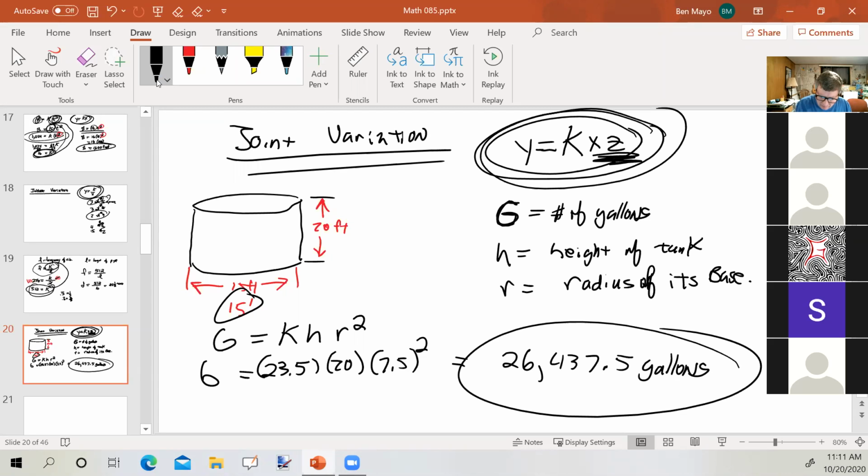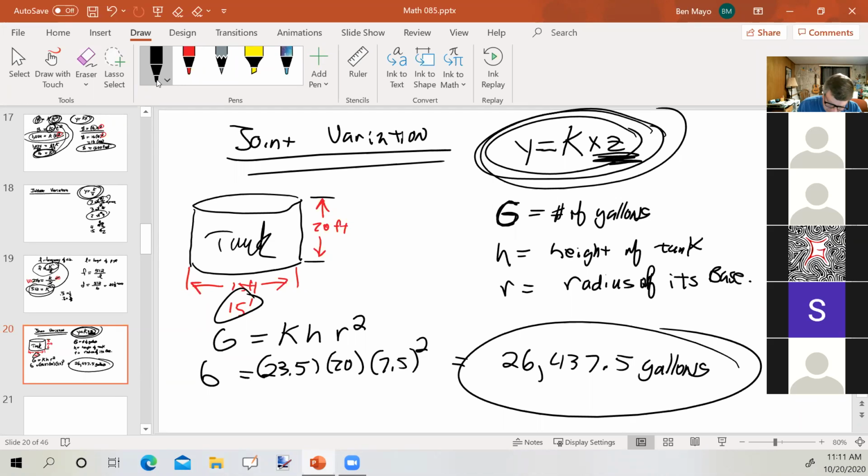So this tank right here holds 26,437.5 gallons of oil. I'd like to have that in your backyard. We all right with that?